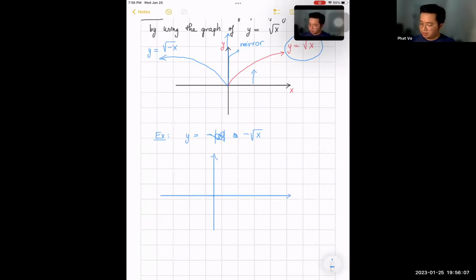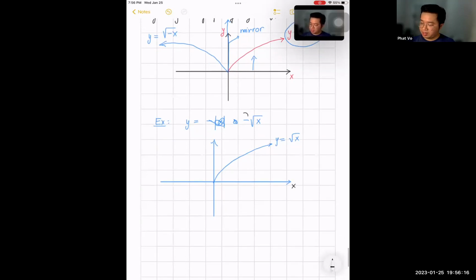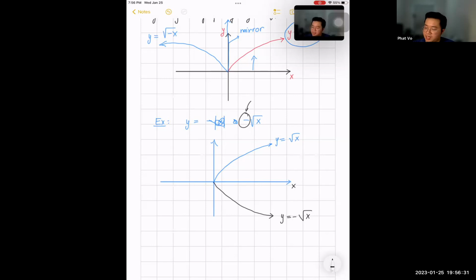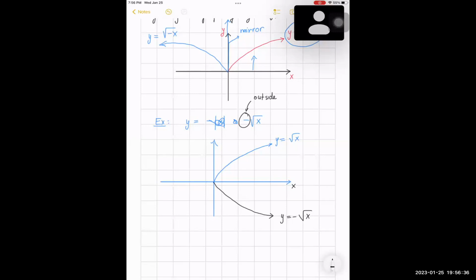The basic function is like this, and now you need to reflect through the x-axis because the minus is outside, so the function should be like this. Okay, cool. When we were doing it, I thought it was supposed to be y equals square root of negative x. Yeah, but because the minus is outside, it reflects across the x-axis.